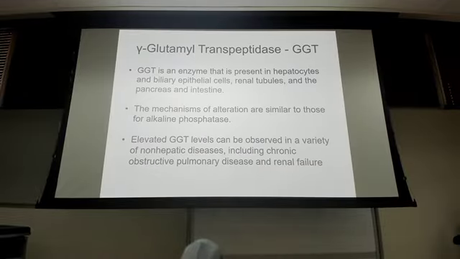So GGT, like I said, another useful lab. Often will come with your LFTs now, but if not, you need to get it if you're worried about transaminitis. So GGT is present in the liver cells and the biliary epithelial cells, the renal tubules, and pancreas and intestine. Very useful in identifying hepatic or liver proper sources of elevated alkaline phosphatase.